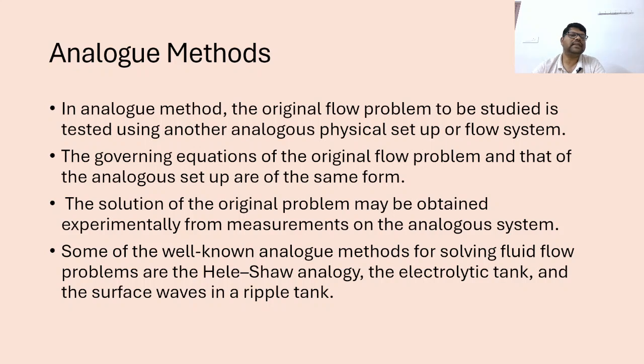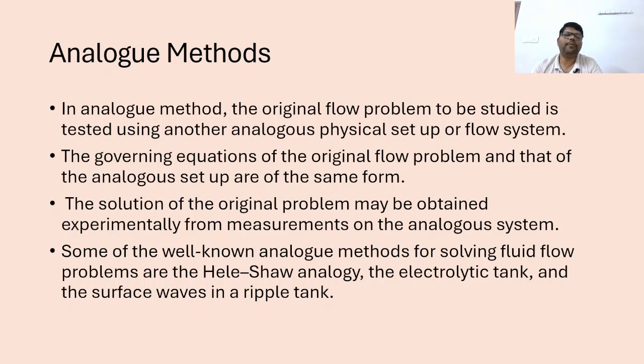Next, we will look at the second method of experimental investigation, that is the analog method. The meaning of the word analog is similar or equivalent. Let us look at how the experimental method is used here, or how we find the flow behavior in this method.